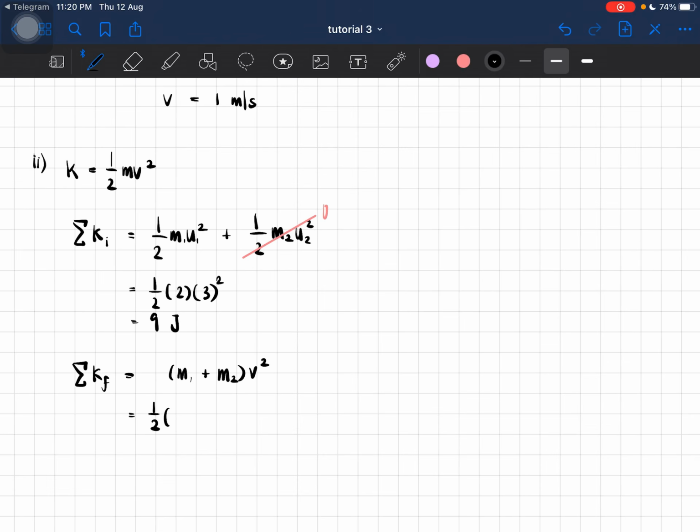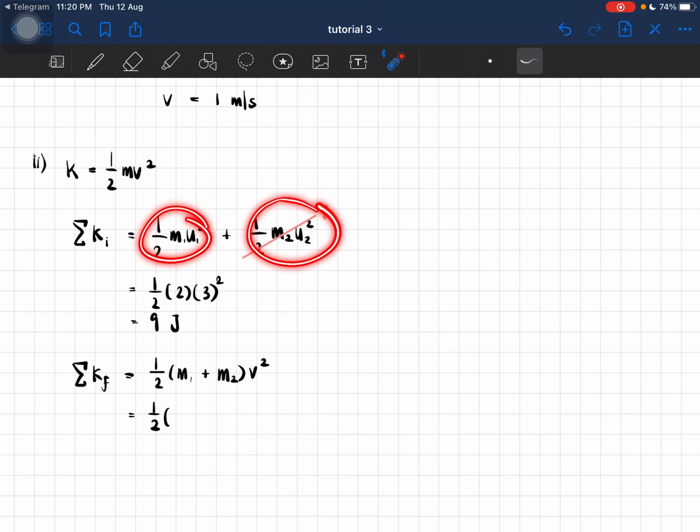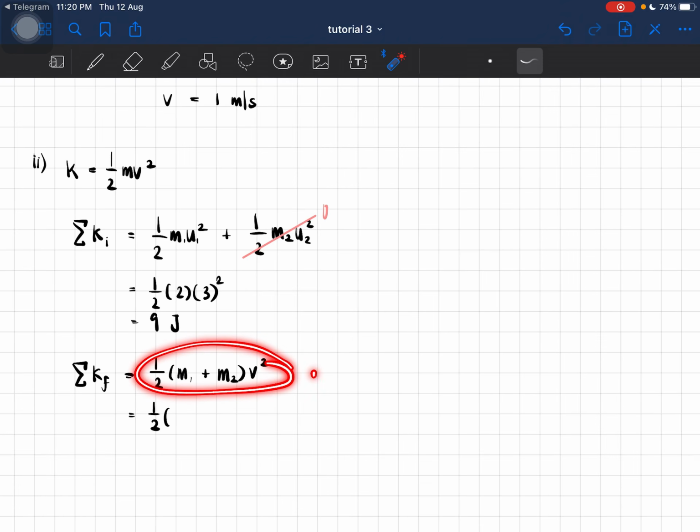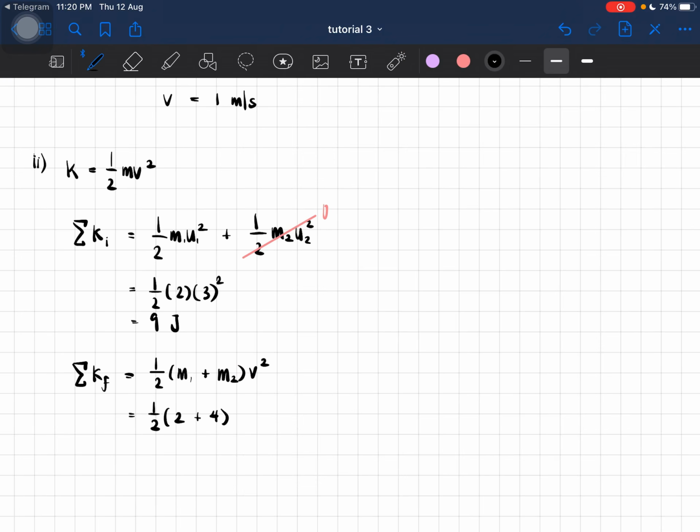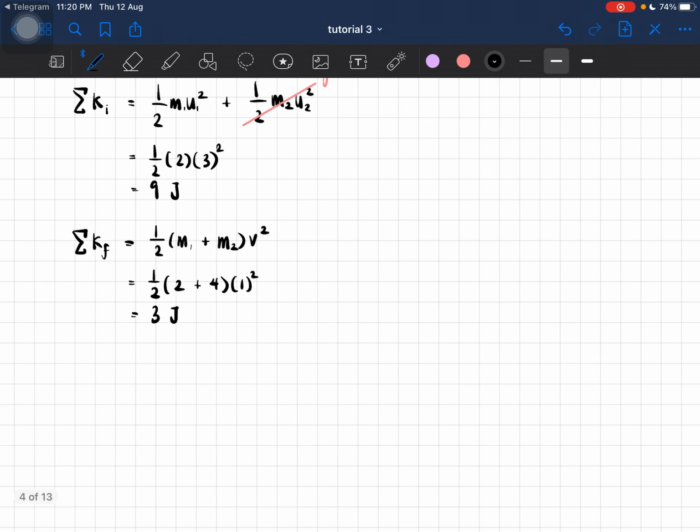You can write it separately, one for the 2 kg and one for the 4 kg, but that is tedious, so you just simplify it like this because we have one common velocity. So m1 is 2 plus 4, v is 1, and then you'll get the final kinetic energy to be 3 joules, which is not the same.